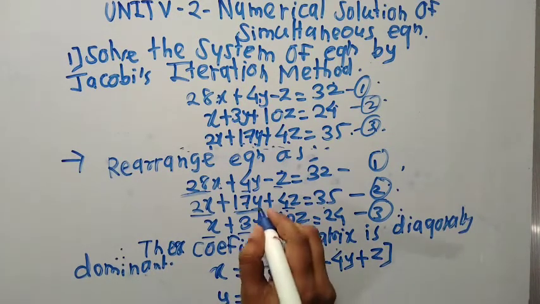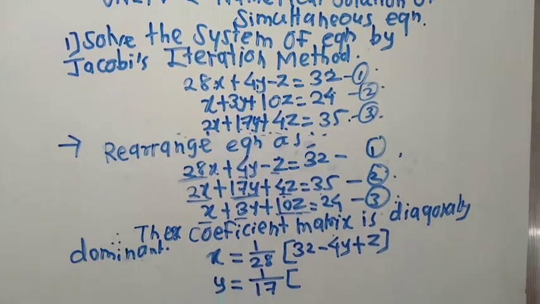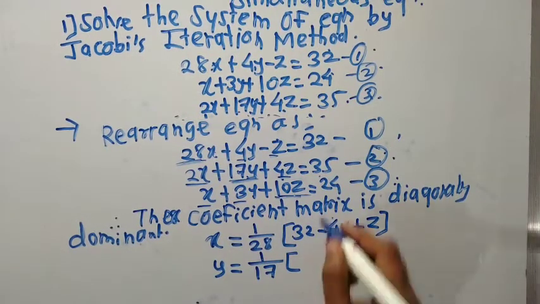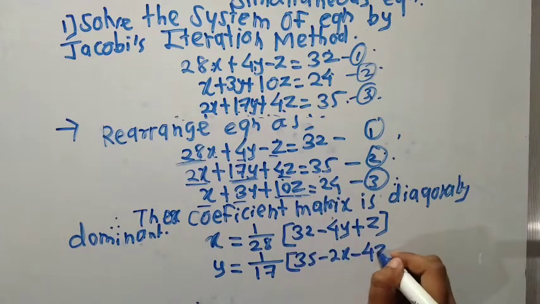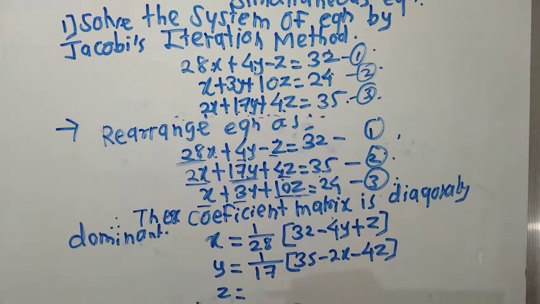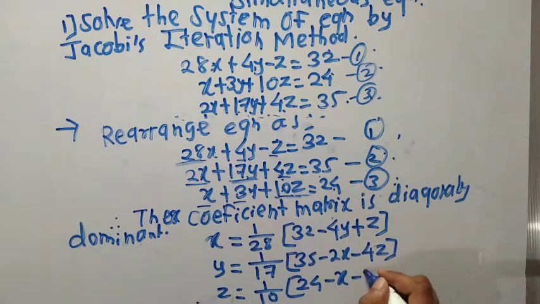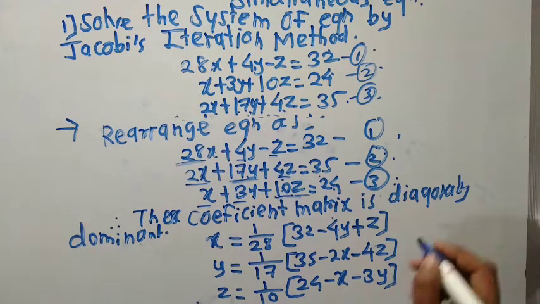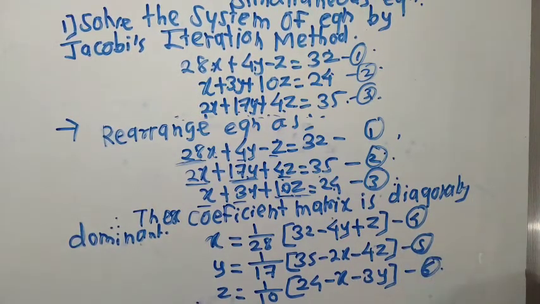Then y is equal to 1 divided by 17, coefficient of y is 17, 35 minus 2x minus 4z, and z is equal to 1 divided by 10, 24 minus x minus 3y. So these are the fourth, 5 and 6 equation.